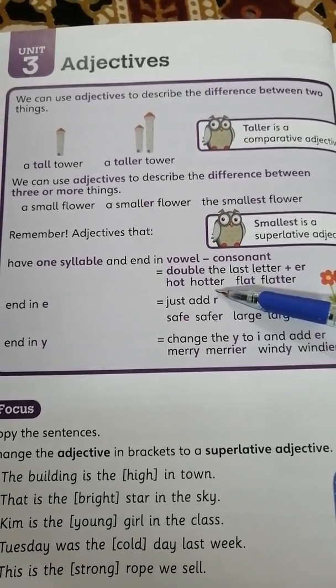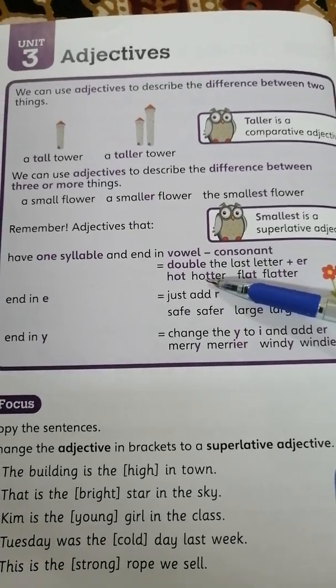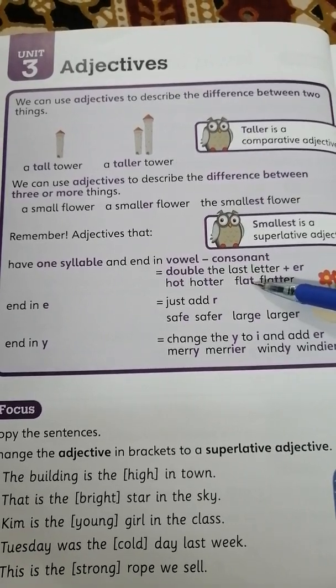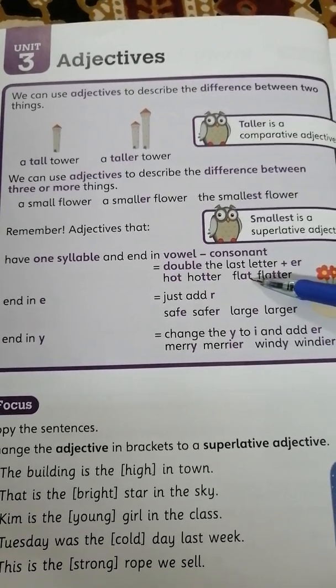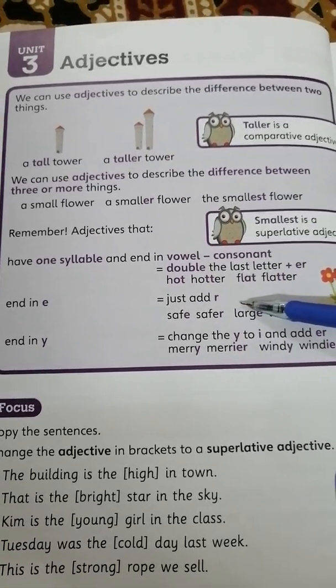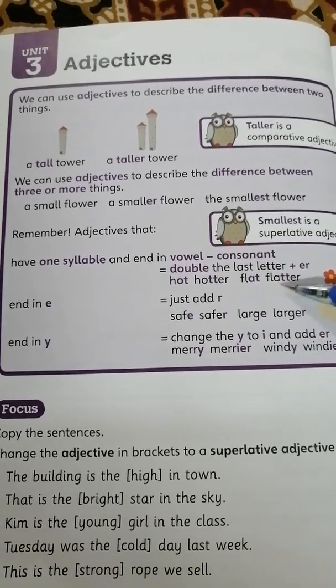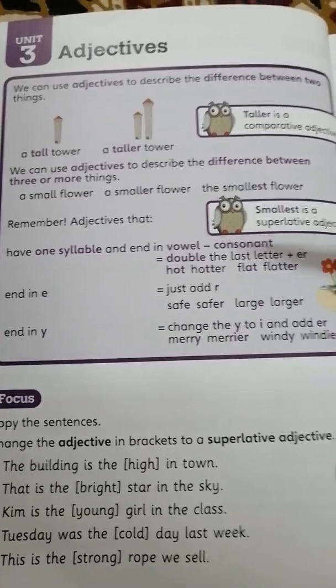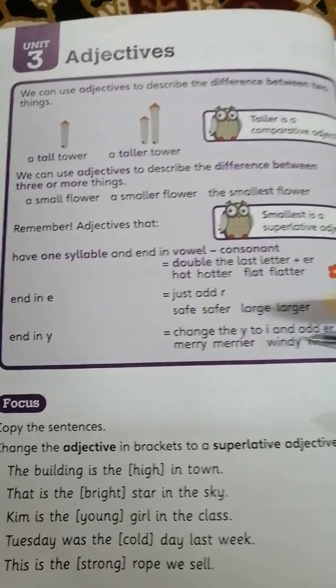We add er at the end, so it is hotter. The next is flat, it also ends on the consonant T and we double the last letter T, F-L-A-T-T-E-R, flatter.